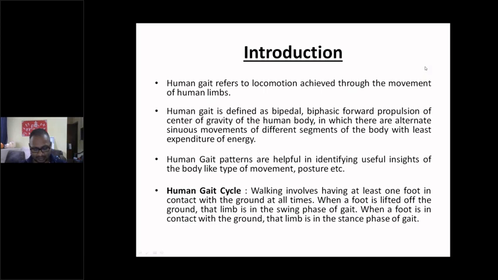Those who are aware of robotics know that bipedal means having two legs. Our entire infrastructure is designed for human beings, whether it is staircases, railings, beds, chairs or sofas. So we are looking for a machine which can have capability similar to a human being. That's why human gait is defined as bipedal.